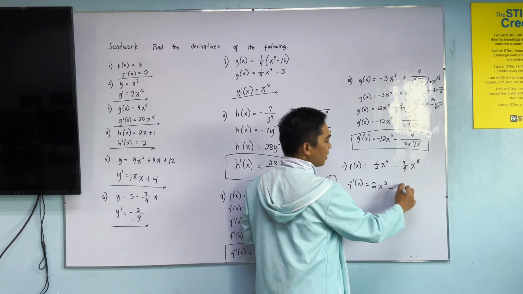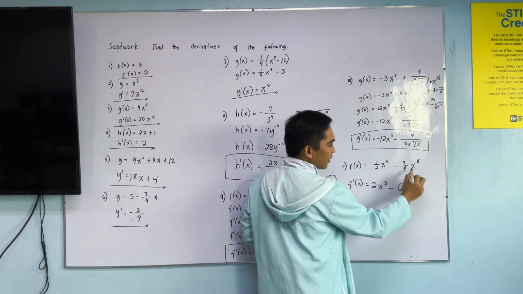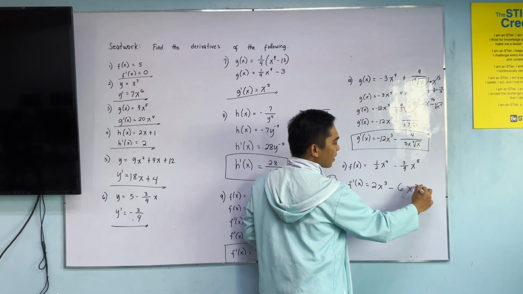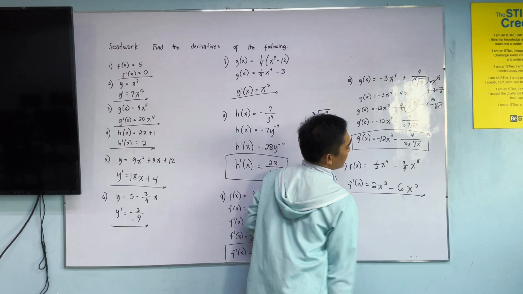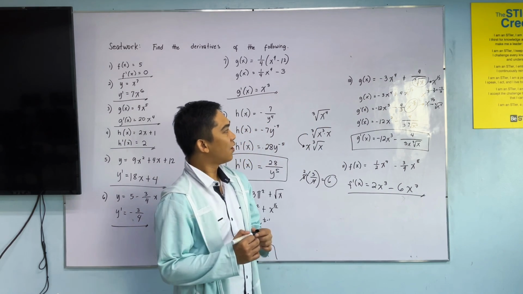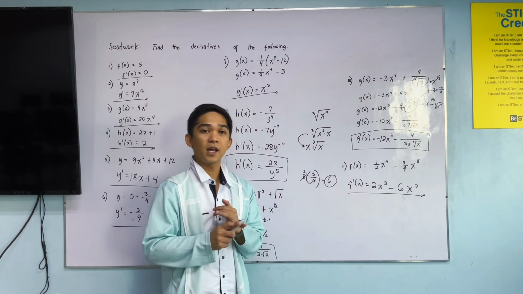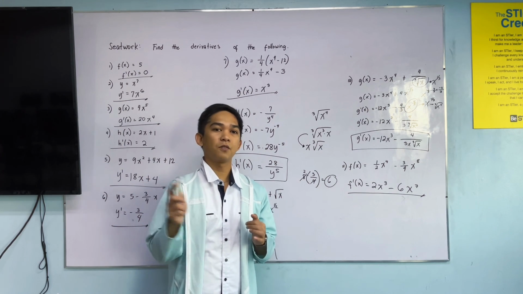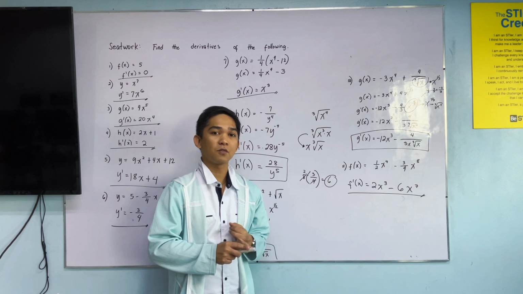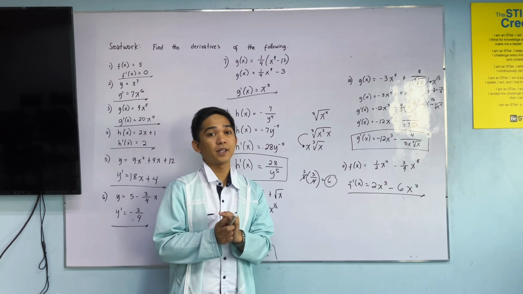So, negative 6x. 8 minus 1, 7. Ayun. Madali siya. Alright, so yan yung application ng ating derivatives of a constant function, derivative of a power function, and derivative of a sum or difference of a function.